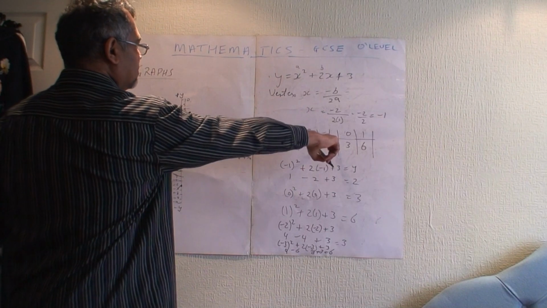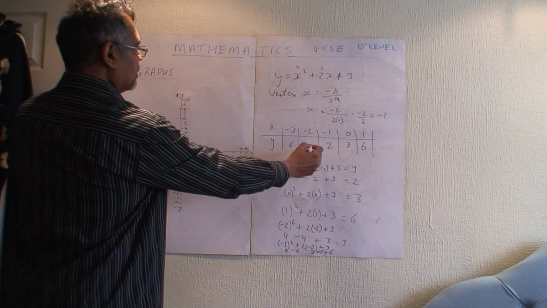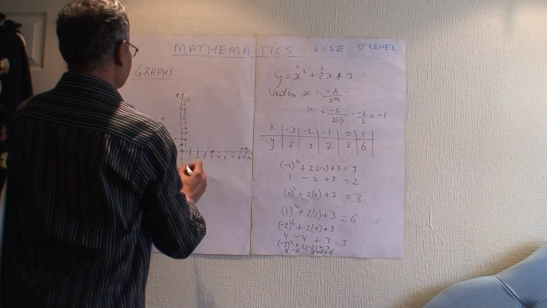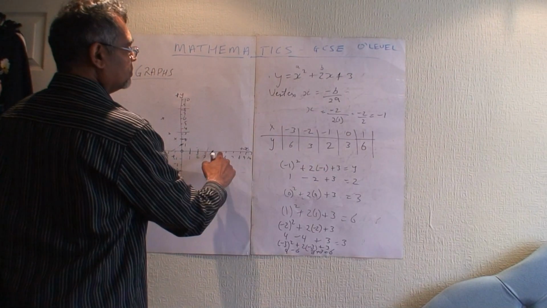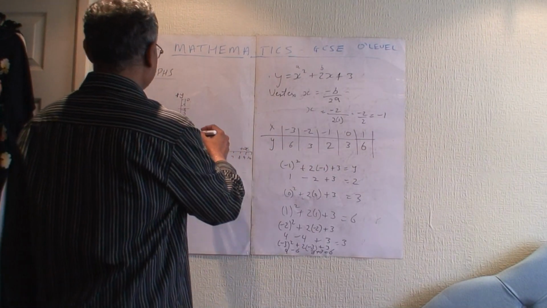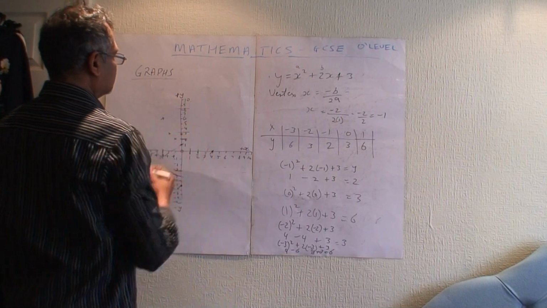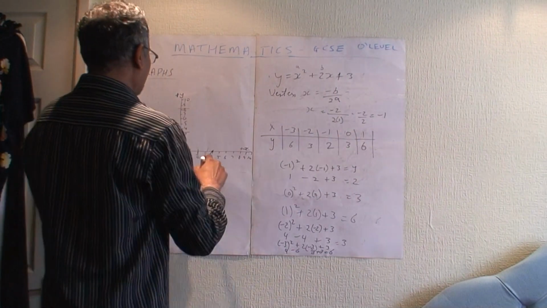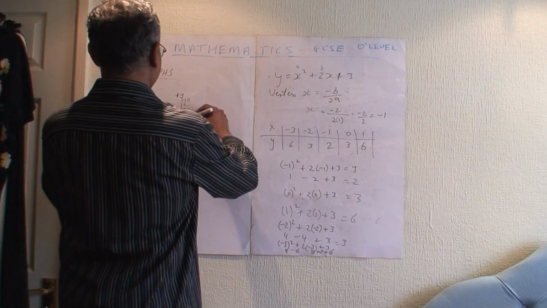X is minus 1, which is there, and y is 2, which is right here. X is 0, but y is 3, which is right there. The other one, x is 1, y is 6, which is up here.